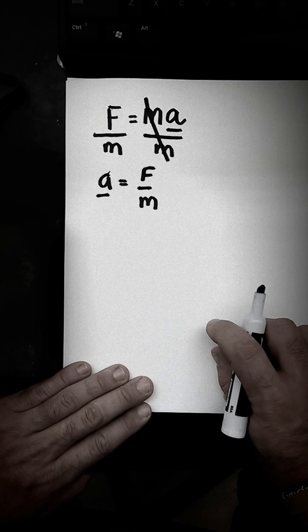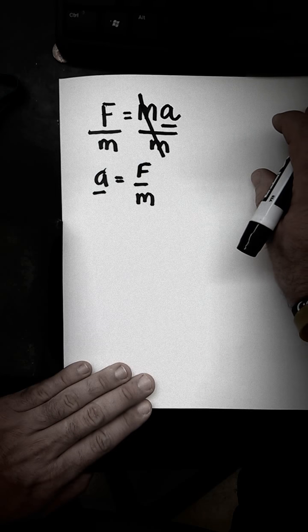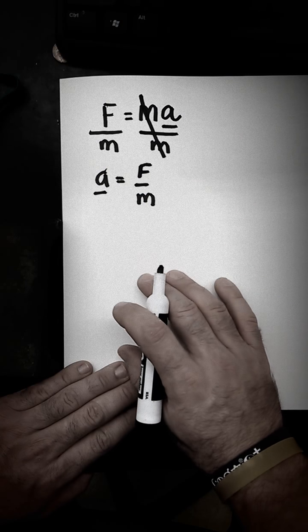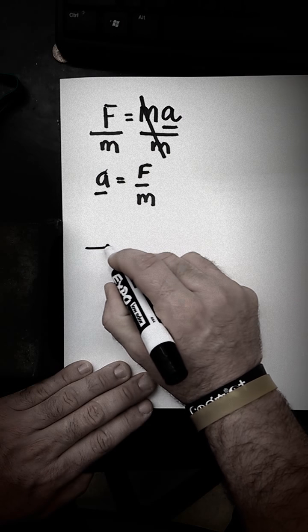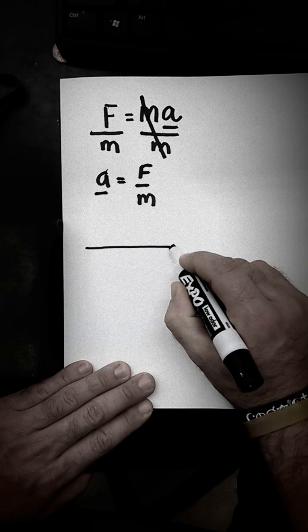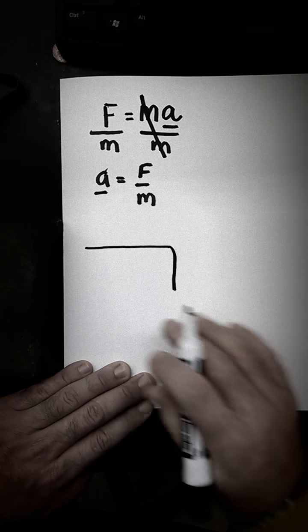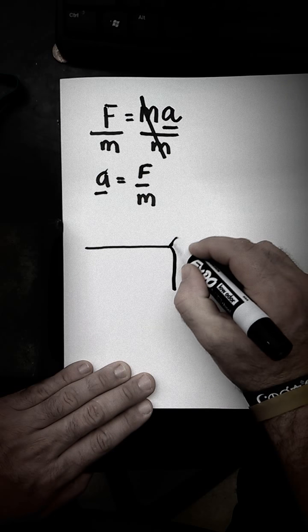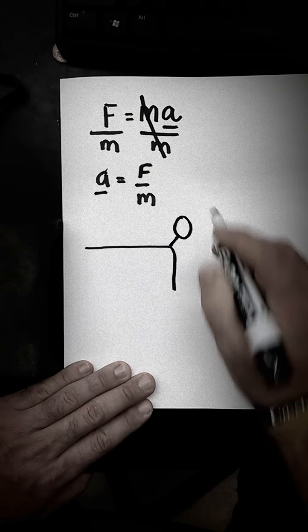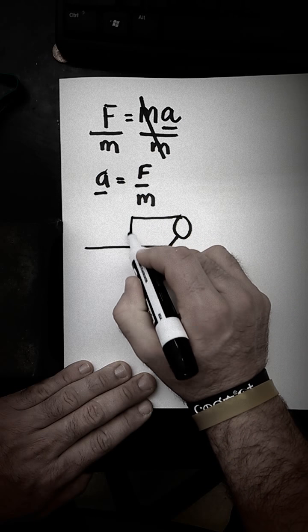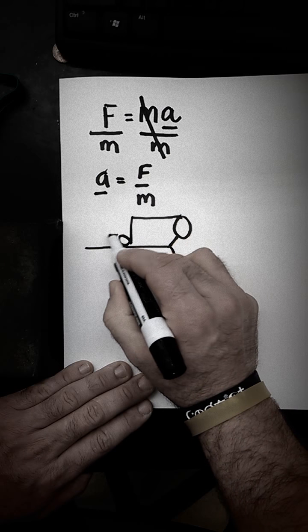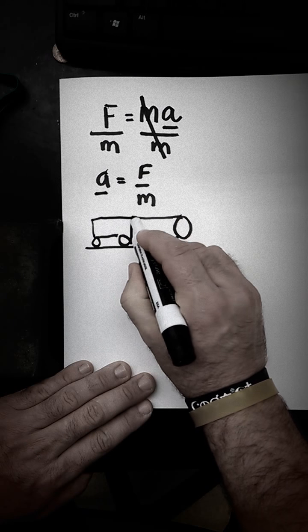Okay, so here's a situation, and here's what your CCA is going to relate to. We are going to have a track like this. Okay, it's going to be on the edge of a table, and you've got a pulley here with a string attached to a little car.